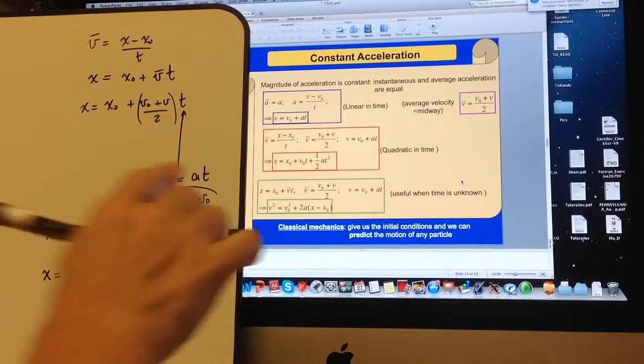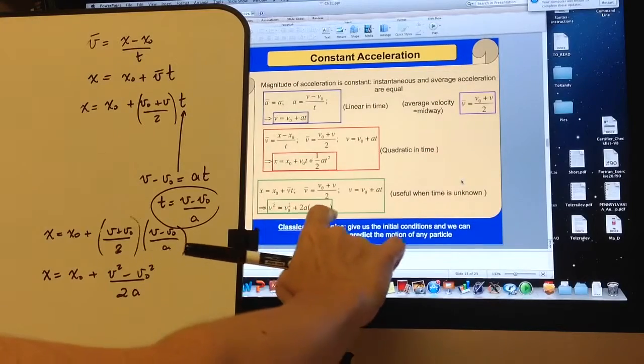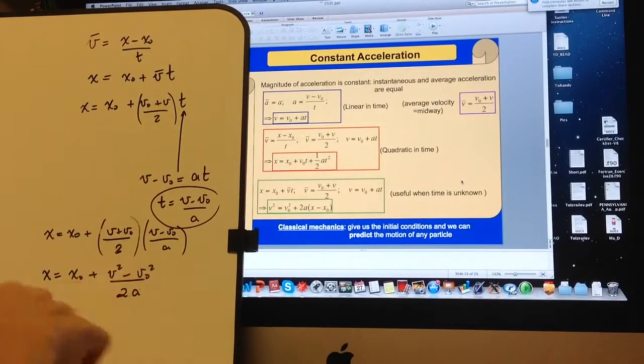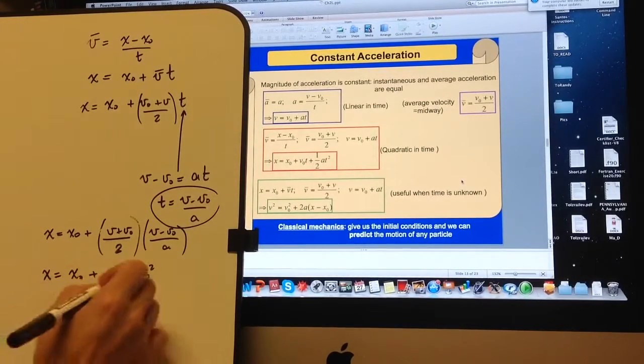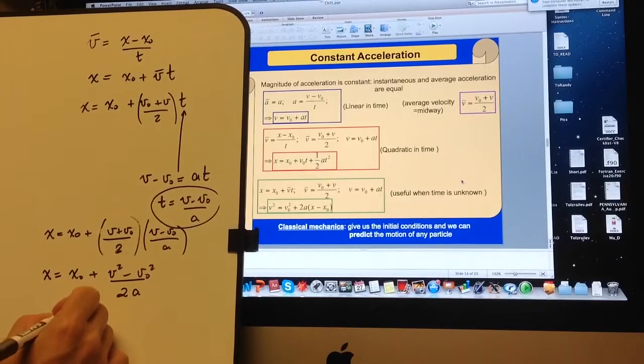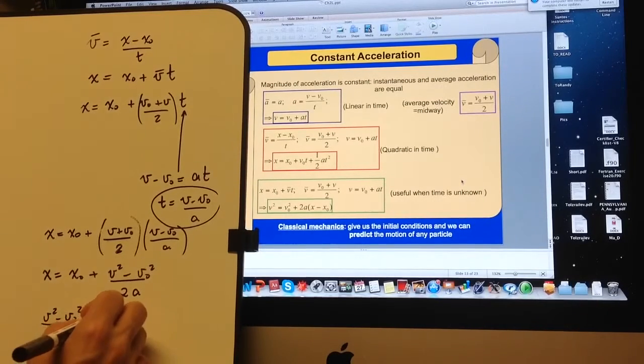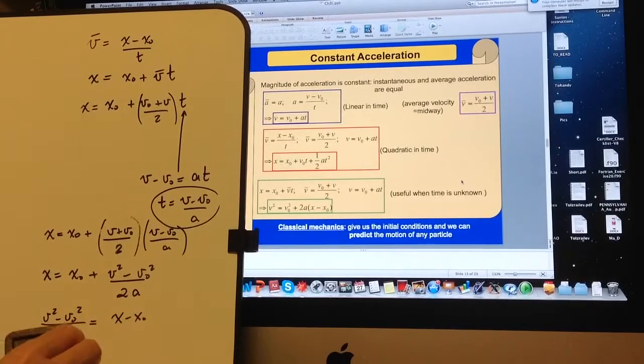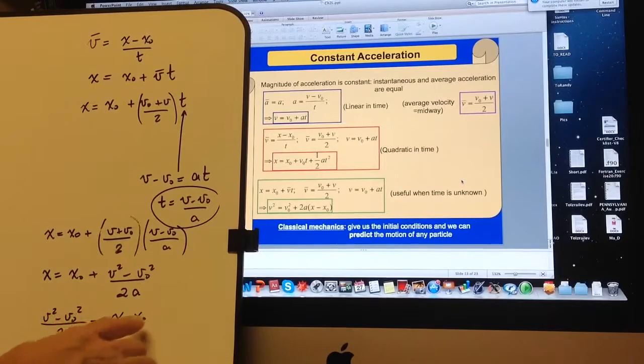Alright, so now things are getting very similar to this expression. Let me play a little bit more with that. So I have here v squared minus v naught squared over 2a is equal to x minus x naught. And I can multiply and divide by 2a.